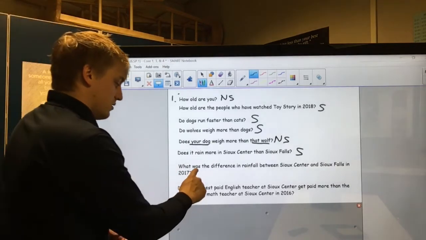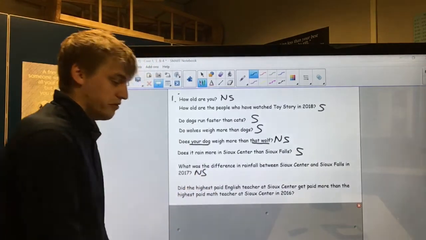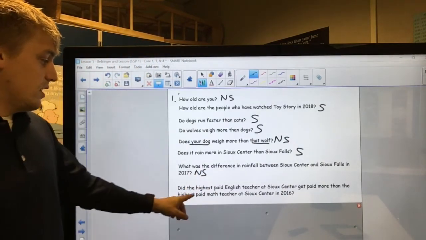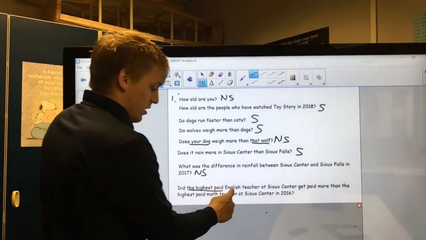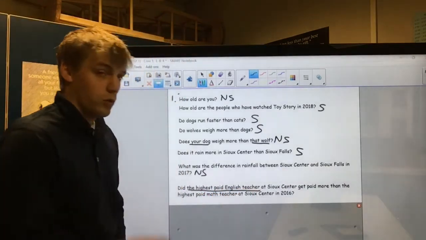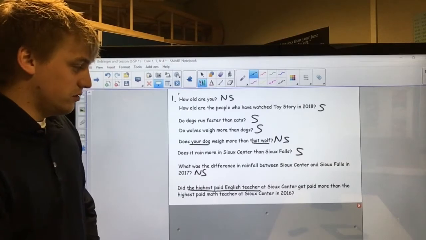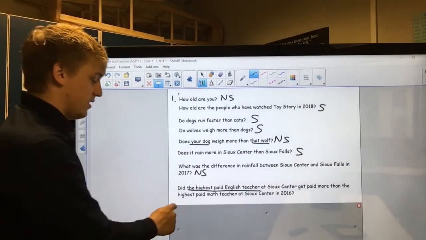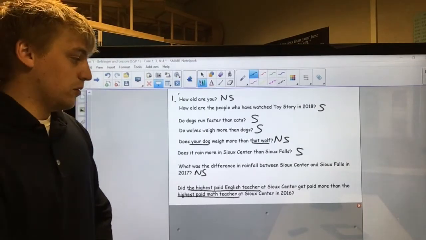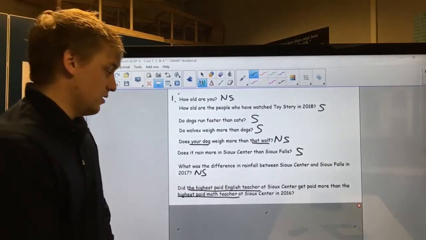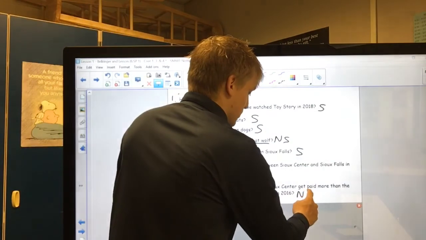So that's non-statistical. There's no variability. Did the highest paid English teacher, that's one person at Sioux Center, get paid more than the highest paid math teacher? That's just comparing two people. So you would be able to do that without statistics. So this would be a non-statistical question.